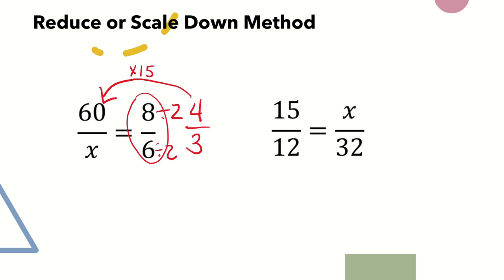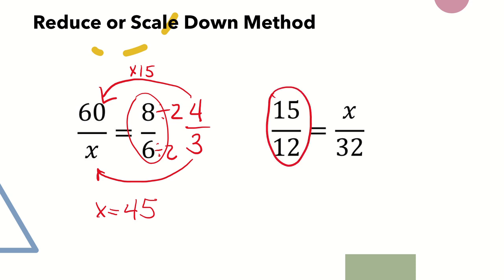Whatever I do to the top, I also do to the bottom. So 3 times 15 gives me 45. So x is equal to 45. Let's try another one. And again, we're looking for a number that they have in common. What's the number that 15 and 12 have in common? 3. So we can go 15 divided by 3, we get 5. 12 divided by 3, we get 4.